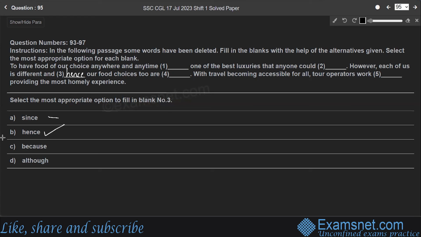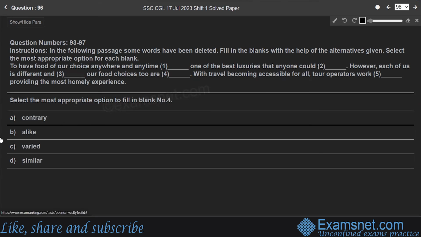Whereas although is used when there needs to be some sort of contradiction. Although the sun was shining, it wasn't that warm, for example. Therefore, hence, so join two phrases. However, each of us is different and hence our food choices too are. Option B is the right answer.